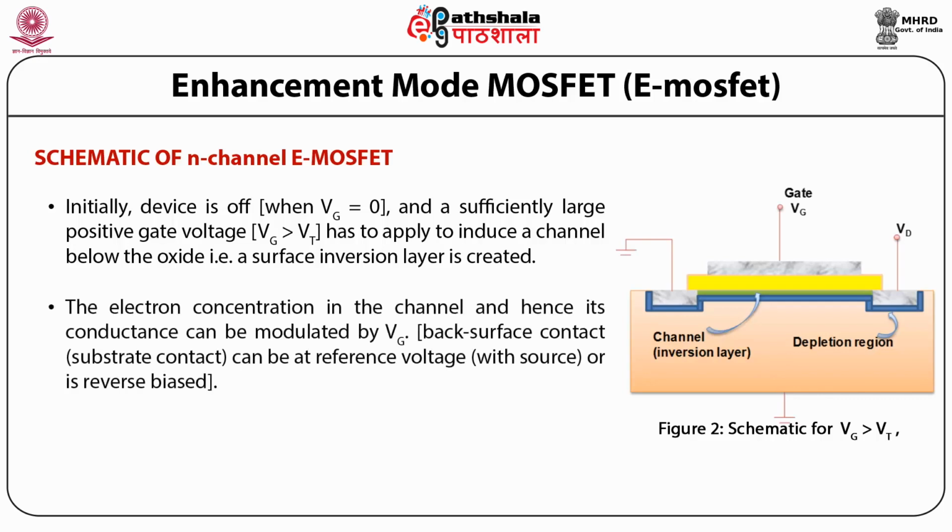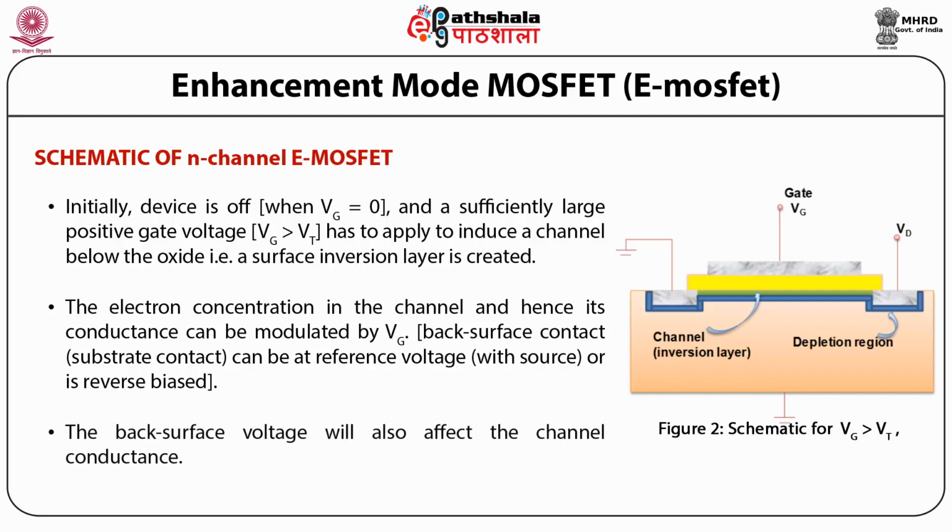The electron concentration in the channel, and hence its conductance, can be modulated by Vg. The back surface contact or substrate contact can be at reference voltage with the source or reverse biased. The back surface voltage will also affect the channel conductance.